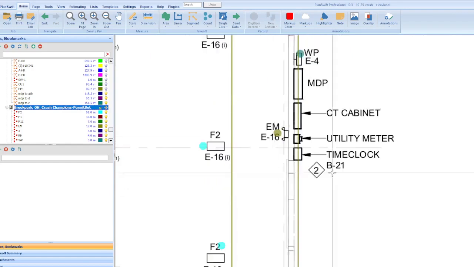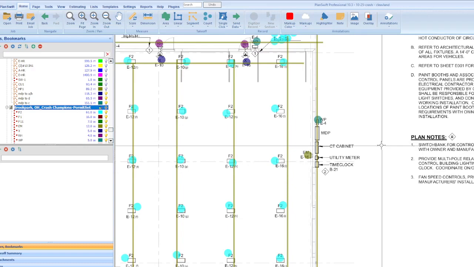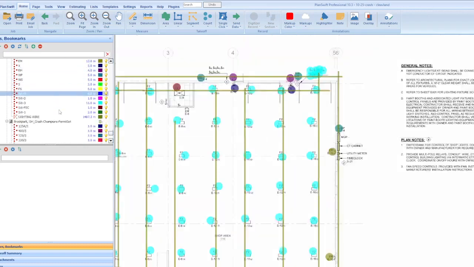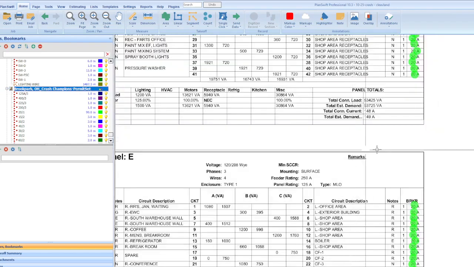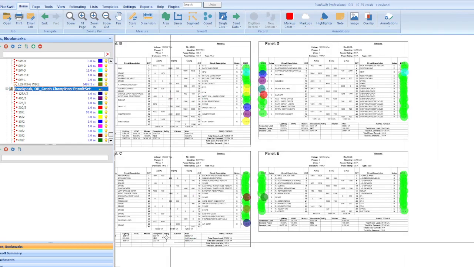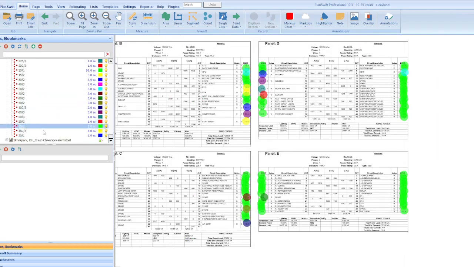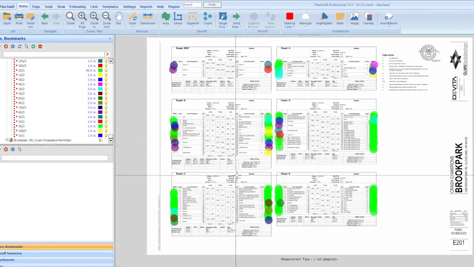Okay, CT cabinet. Now we had to determine for our power how far the main distribution panel is. We had a good counting tool, because you have to count all your breakers. And where's the single line? I think it was maybe in the beginning.